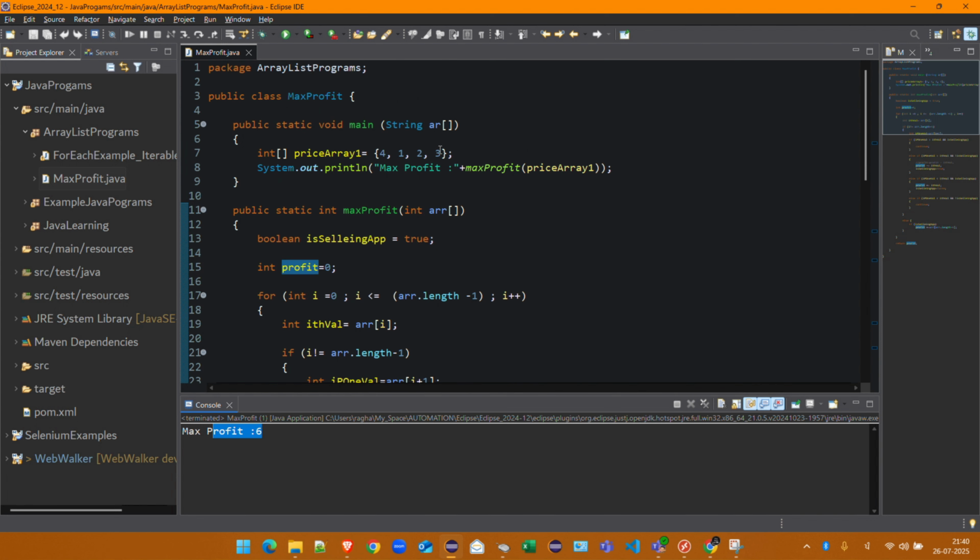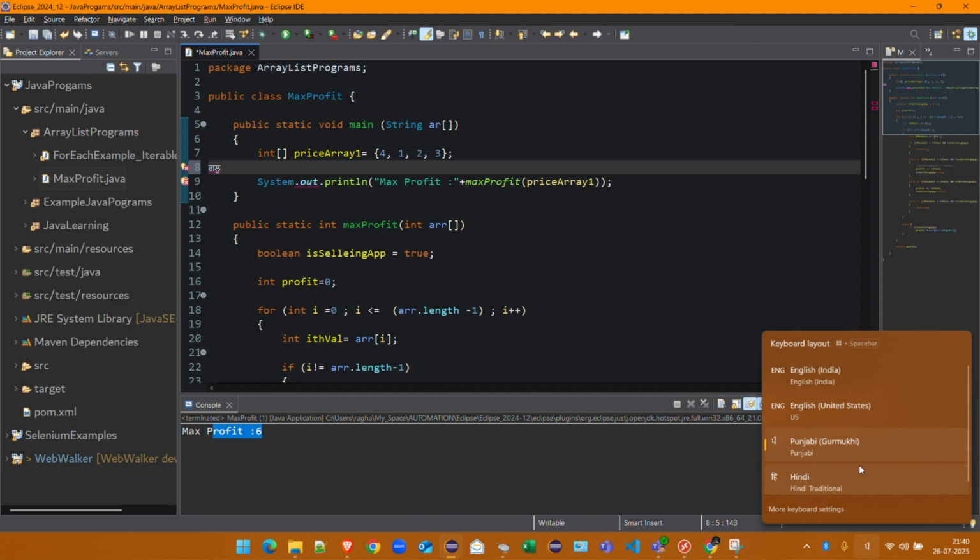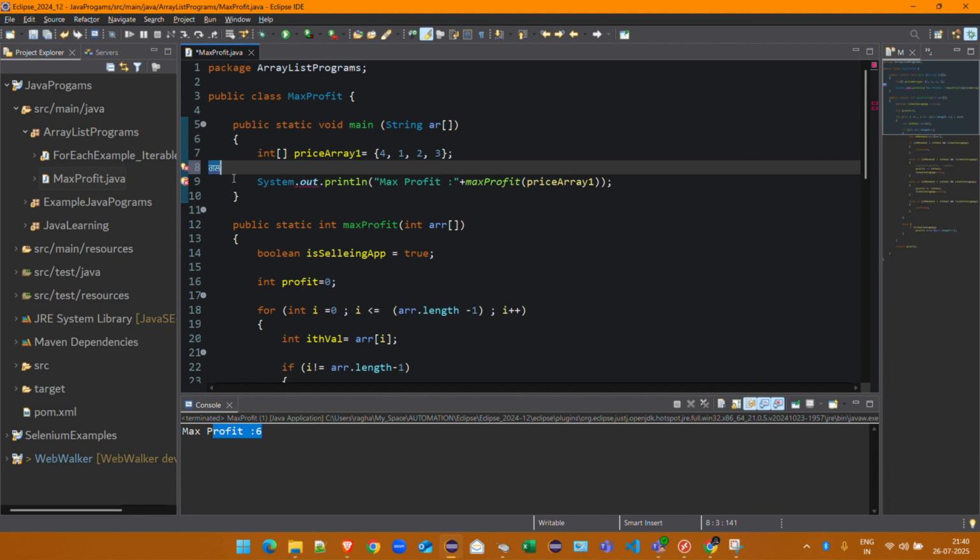What I'll do, I'll maybe write that and change the language. We'll have to declare an integer array, say price array 2, right?